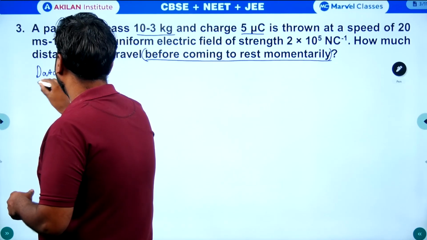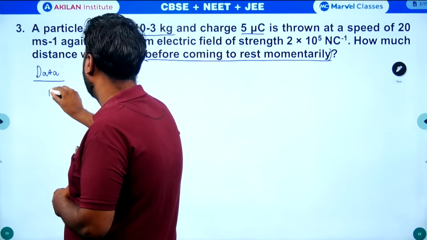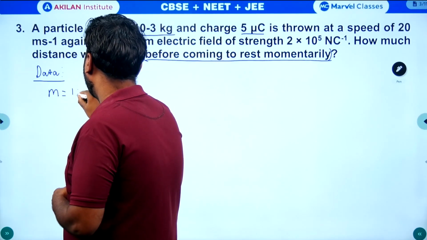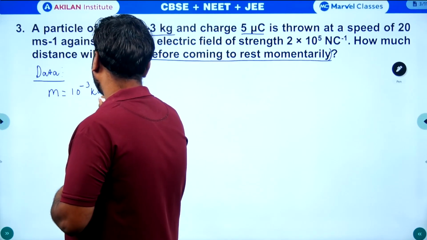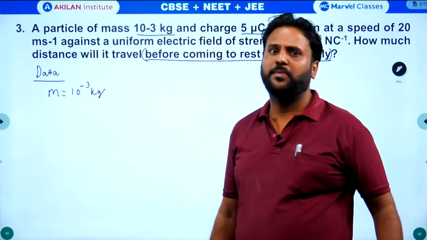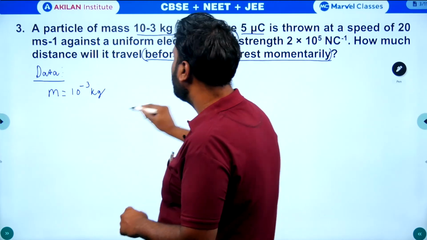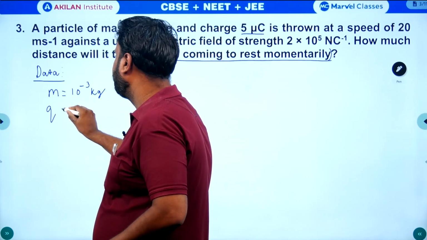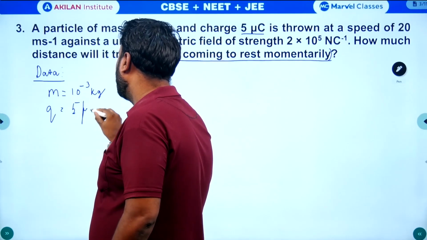Writing the data. First, the mass m is equal to 10 to the power of minus 3 kilogram. They have given the mass value perfectly, written in kilogram, so no issue. Next, the charge Q is 5 microcoulomb.